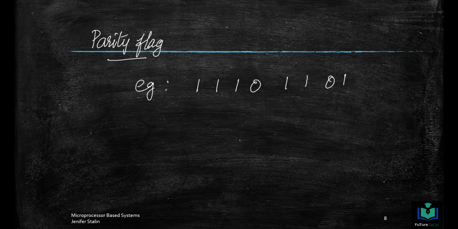How many ones are there? It is 6 ones, right? So that means an even number of ones. 6 is an even number, right? So with an even number of ones, the parity flag will be 1. Otherwise, if it doesn't result in an even number of ones, the parity flag becomes 0.